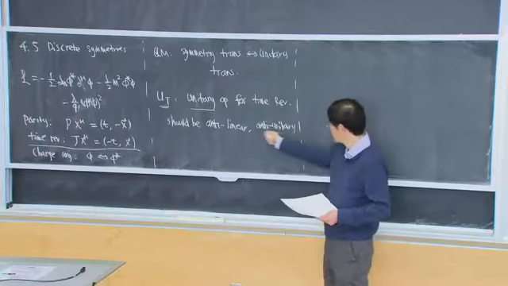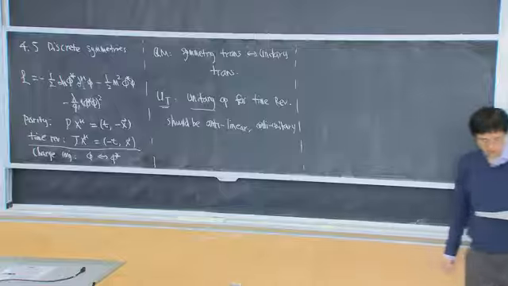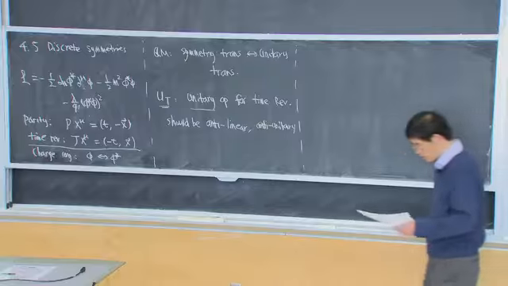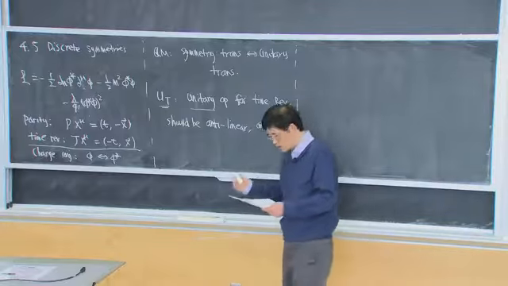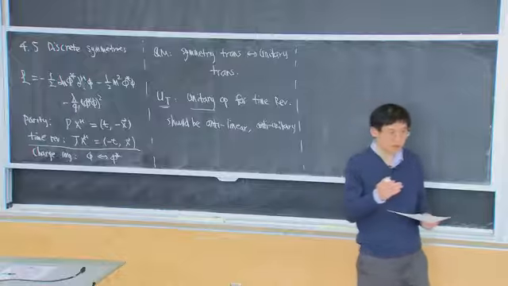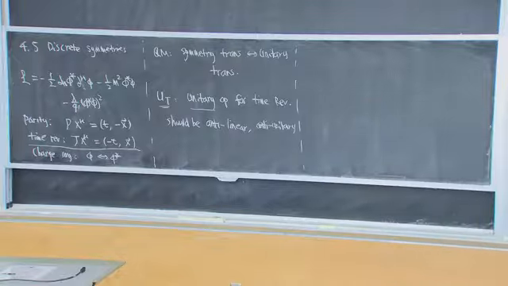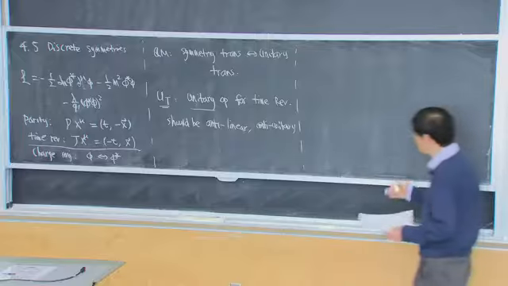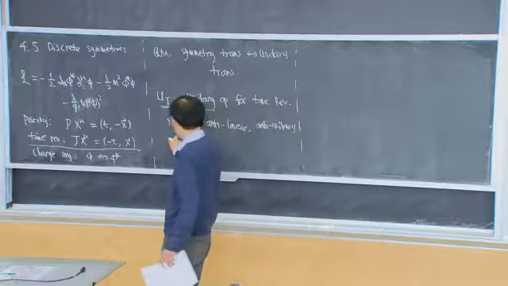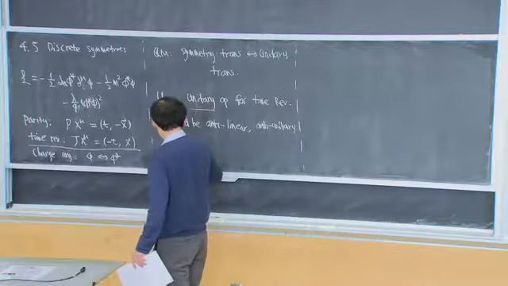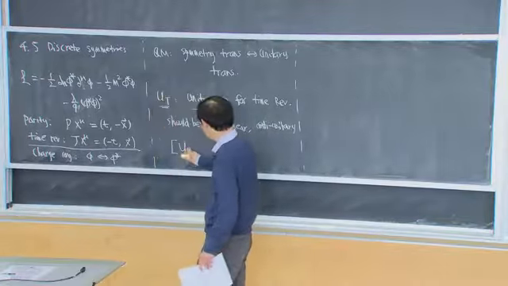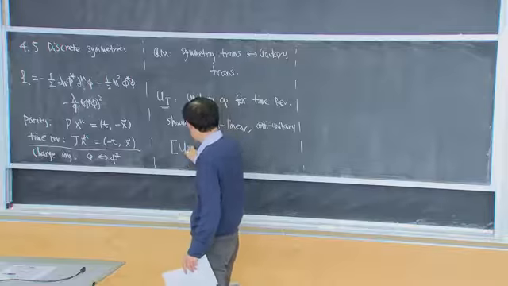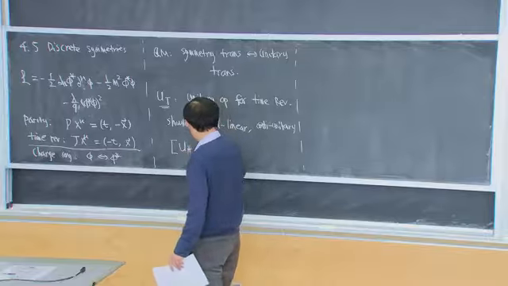Now let's try to explain where this comes from. Suppose you have a system which we say is time reversal invariant. By definition, the corresponding transformation of the symmetry should commute with your Hamiltonian.